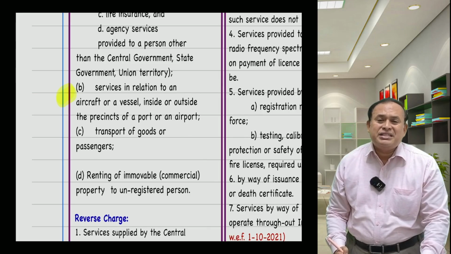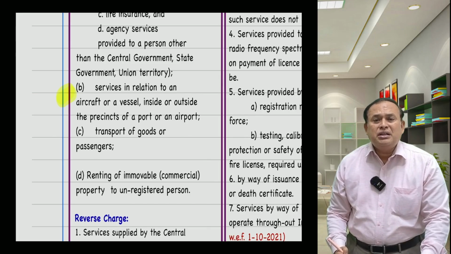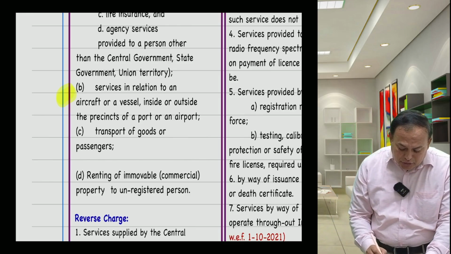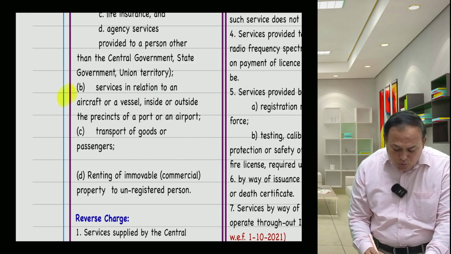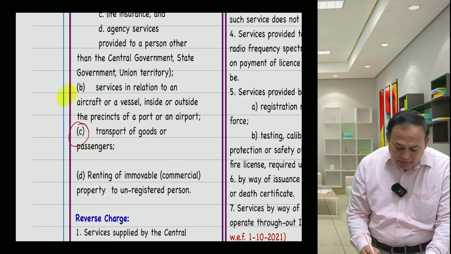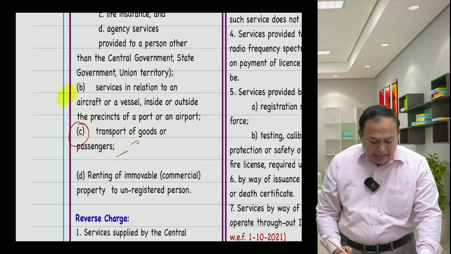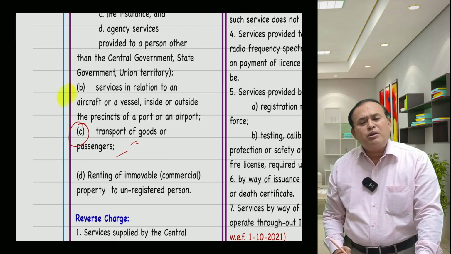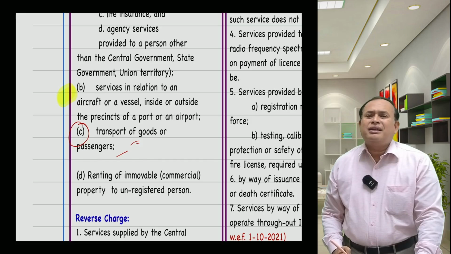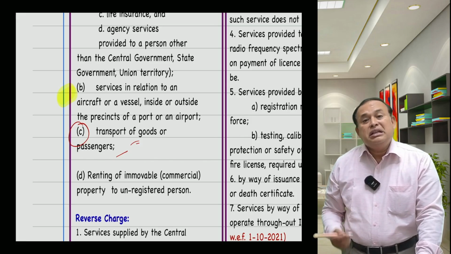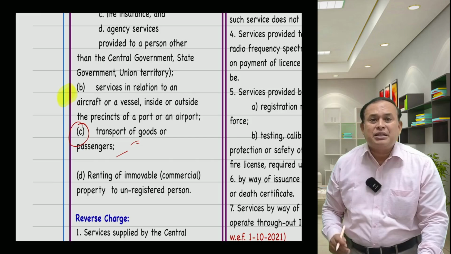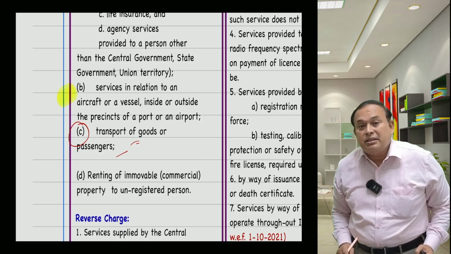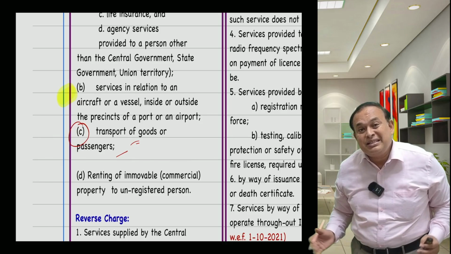Services in relation to vessel or aircraft within the port or outside the port, as the case may be. Further, transportation of goods or passenger services. Government is providing transportation of goods. Indian Railways, forward charge, already said. If it is not Indian Railways but any other government, for example, the state government of Andhra Pradesh, APSRTC, Andhra Pradesh Road Transport Corporation, it is a government entity.